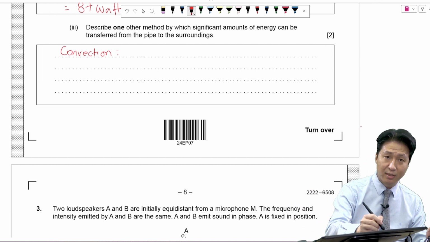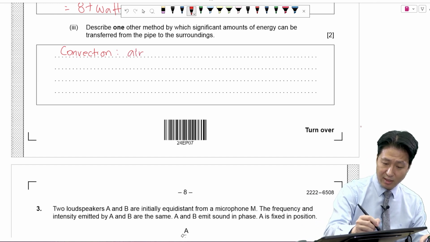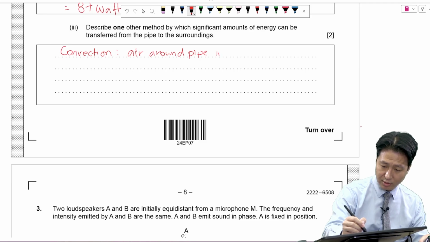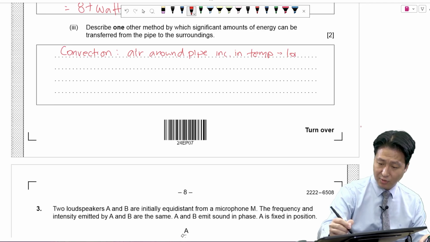So, air around the pipe is heated, or increases in temperature, and becomes lower density.